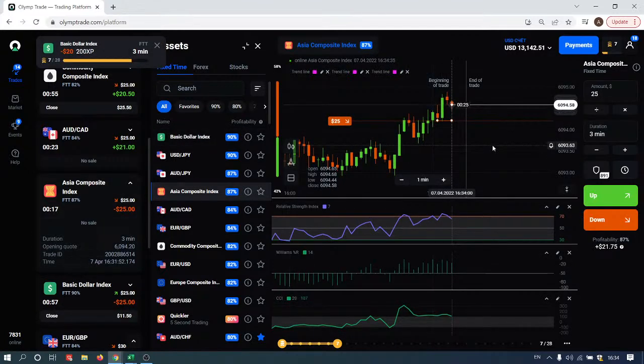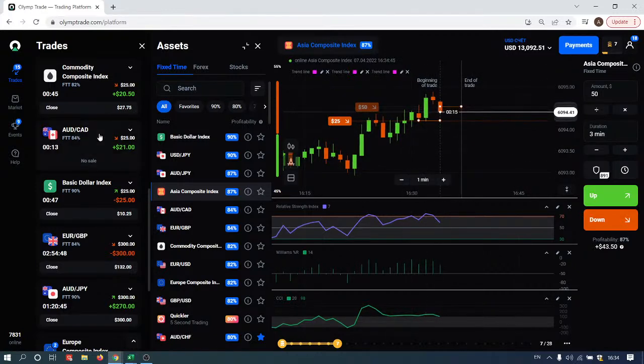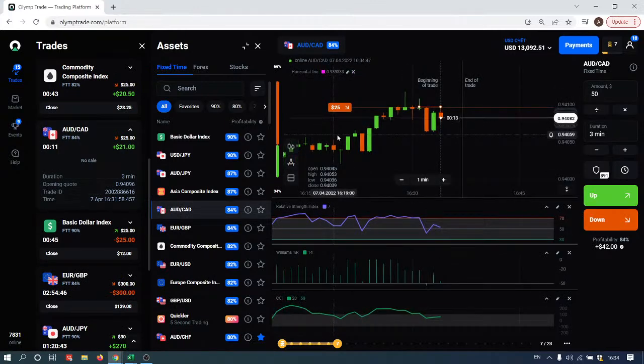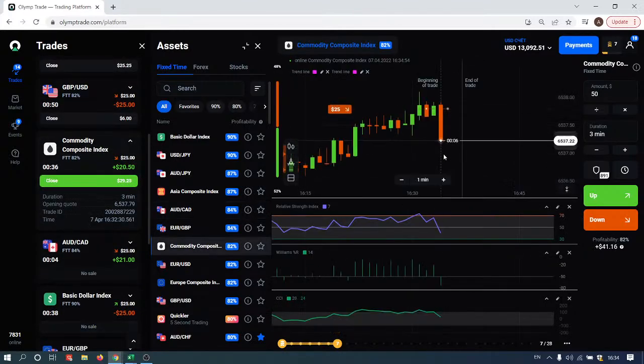Asia Composite Index. Okay, let's give it a try and add another one, to compensate for the previous one, the first one. Now the Australian dollar against the Canadian should close with a profit, I think. I'm pretty sure.